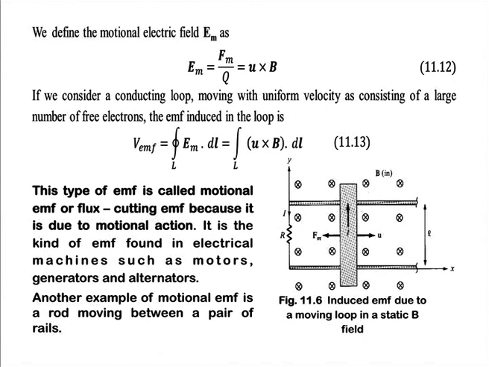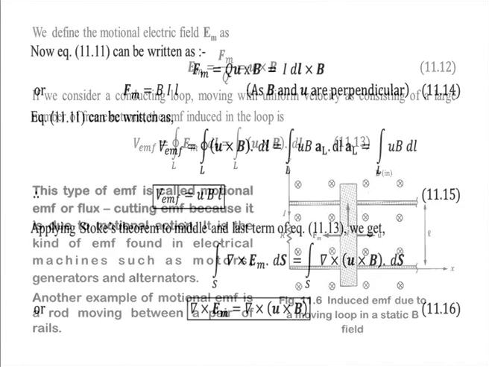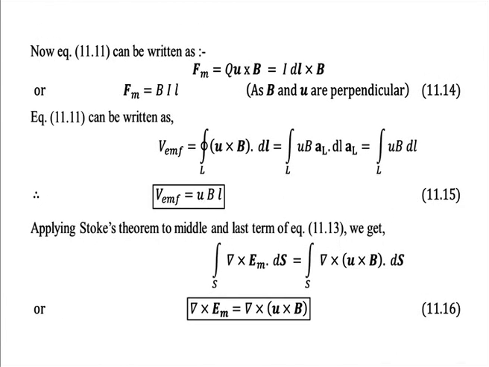Another example of motional EMF is a rod moving between a pair of rails as given in figure 11.6. Now, equation 11.11 can be written as Fm is equal to Q u cross B equal to I dl cross B, or Fm can be written as B I l because u and B are perpendicular.